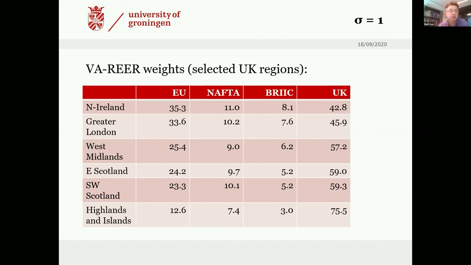Here I present some results for selected regions, and for example, on the right-hand side, you see that the weight of the rest of the UK can be quite variable. For Northern Ireland, it's only 43%, whereas for Highlands and Islands in Northern Scotland, it's more than 75%.